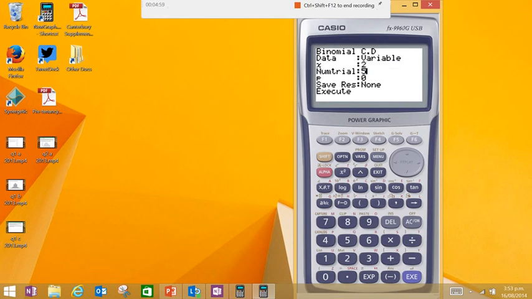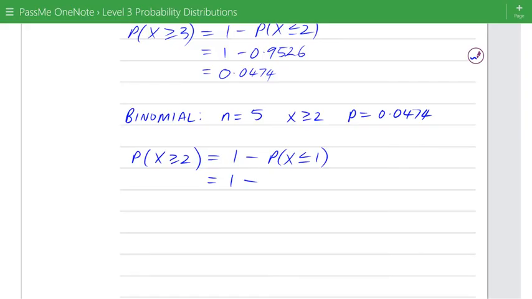Number of trials is 5, and our probability is 0.0474, and we'll just double check that we've got that right. Our x is supposed to be 1 actually. Okay, there we go. So 0.9796. So I'll put that into here, 0.9796, and so that gives us a probability of 0.0204.